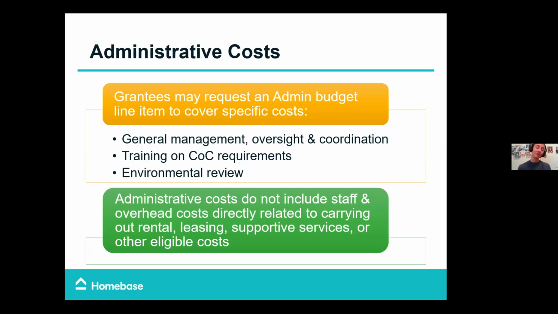Trainings for staff, specifically on CoC requirements or CoC sponsored trainings, and then environmental review. Administrative costs, right, so they're not going to include the staff and overhead costs that are related to doing the other eligible activities, which is what I referenced in the previous slide. So the specific personnel costs, including any overhead costs that you allocate in your staff cost budget to a case manager, that's a case management cost.